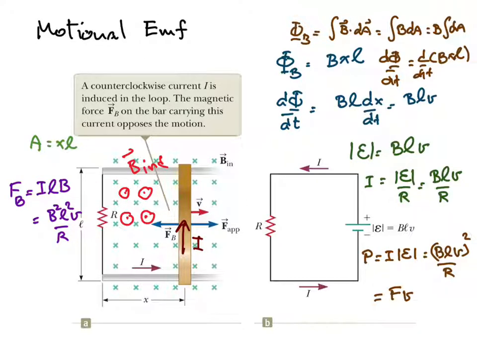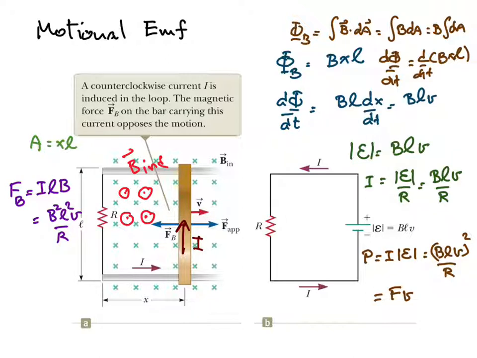The magnetic field created by this current will not exert a force on itself, but we have the current in the external magnetic field. So it means that the external magnetic field will exert a force on the wire that has the current passing through.